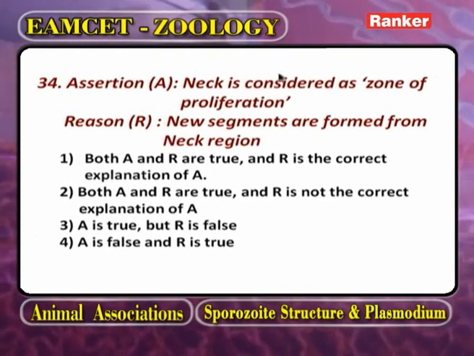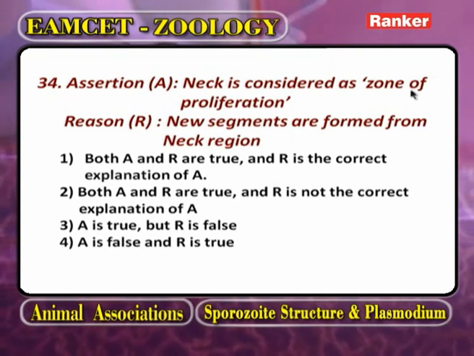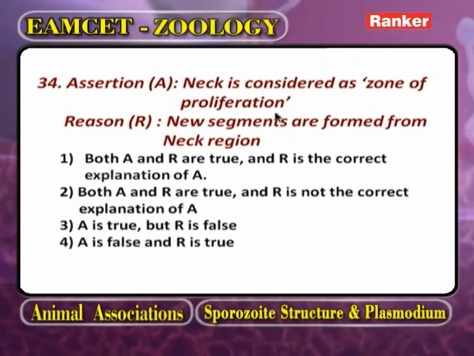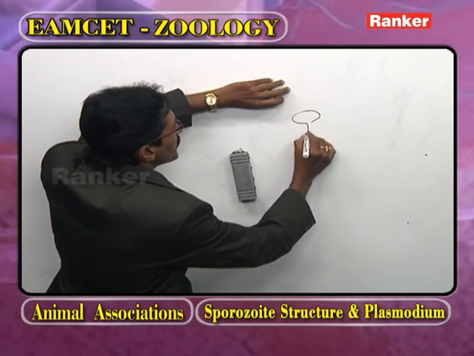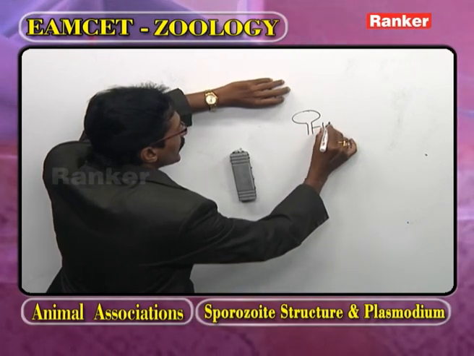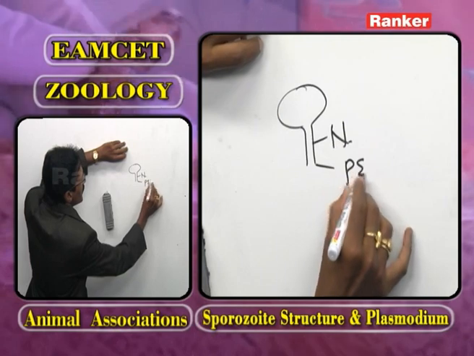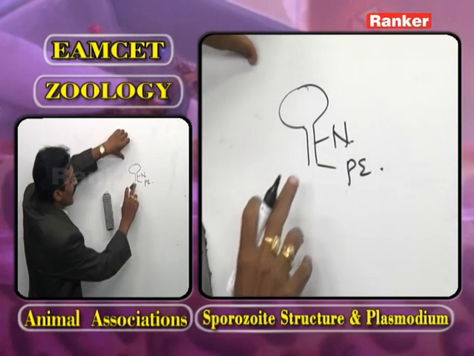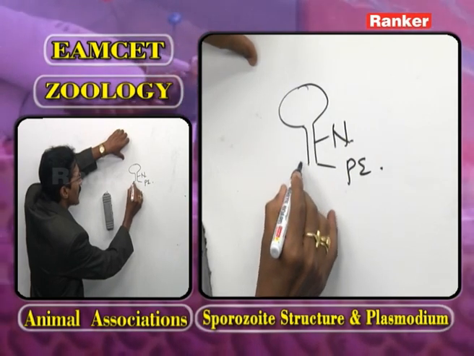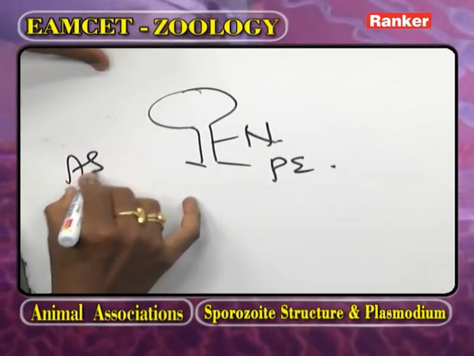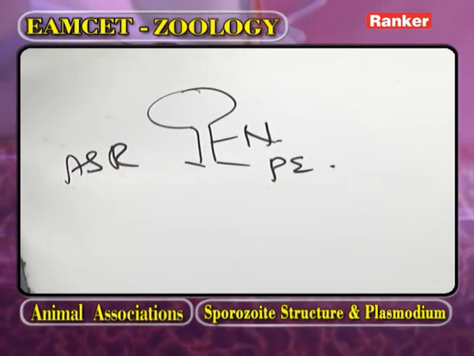Assertion: the neck is considered as the zone of proliferation. Now as we observe, this part is scolex and this is the neck. This part is neck, this is the posterior end. The posterior end of the neck region performs asexual reproduction.